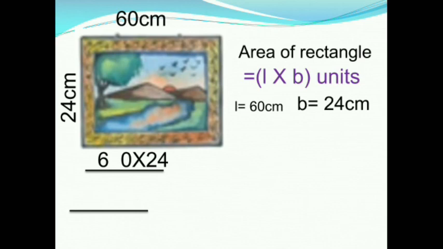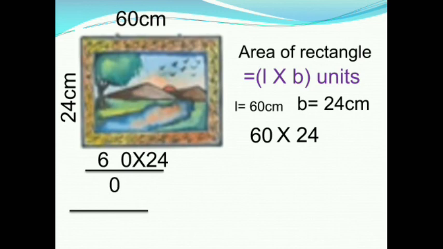Now we should find the area of this figure. First we should multiply 60 by 24. Here first we should multiply 4 by 0. 4 into 0, 0.